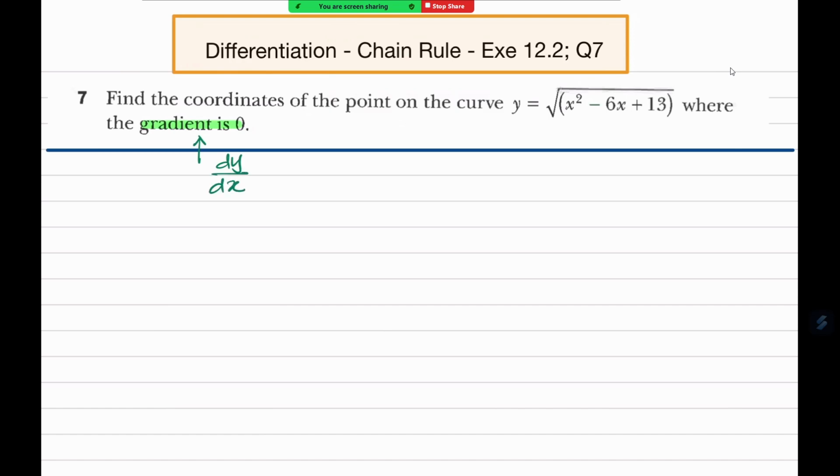When they say gradient is 0, it tells us that at some point of the solution, we're going to get a dy/dx expression and make it equal to 0. From that, we will solve for x and then head towards y.